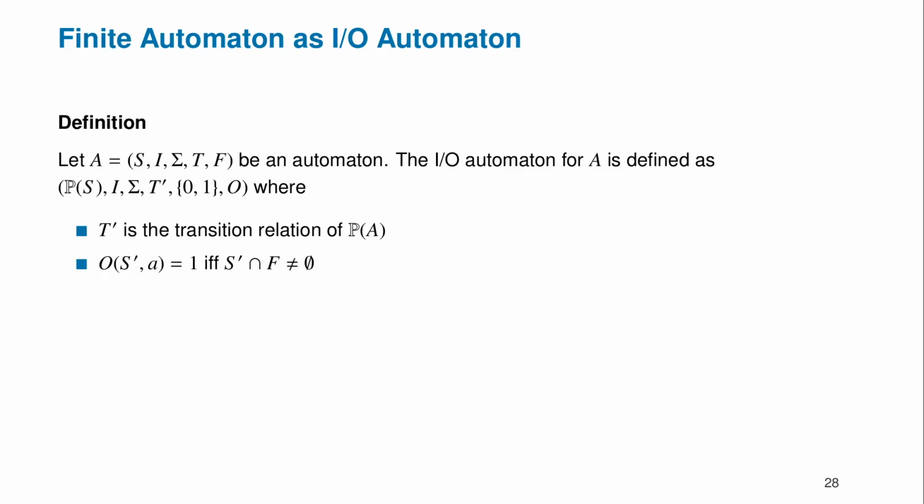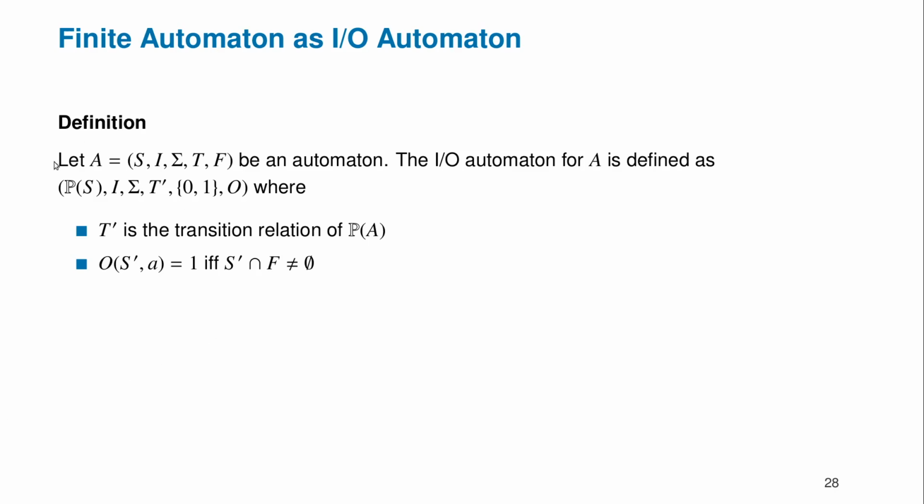Now I want to show you the other direction and show you how to obtain an I/O automaton from a finite automaton that shows a corresponding behavior with respect to the language accepted by the finite automaton. And this works as follows.